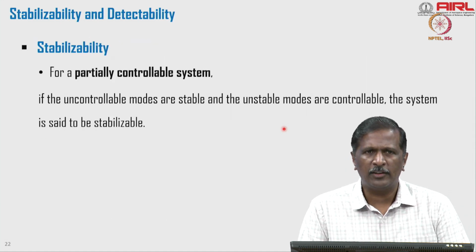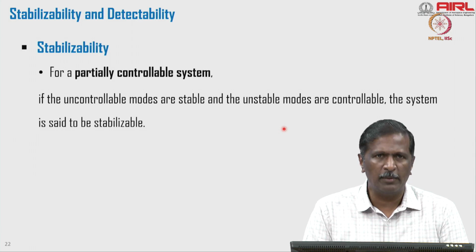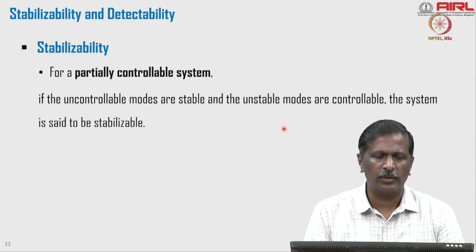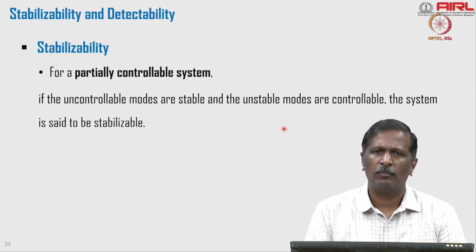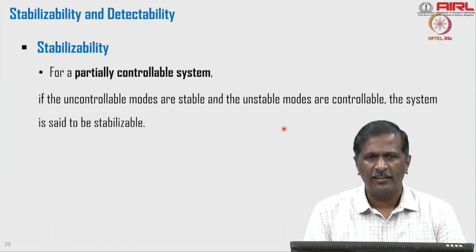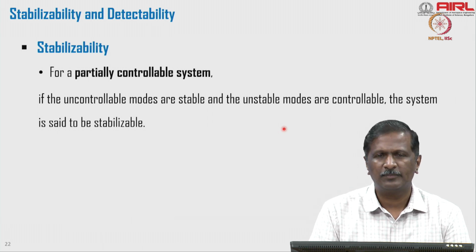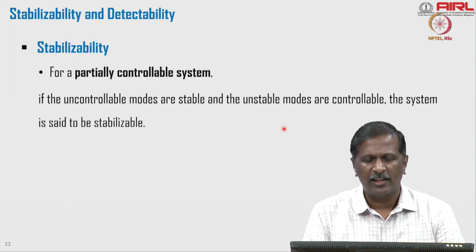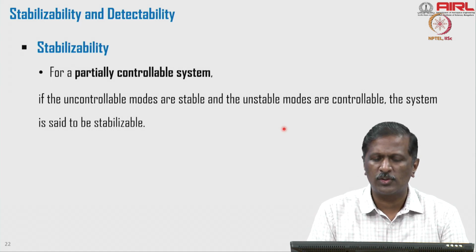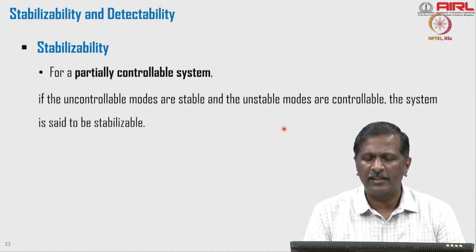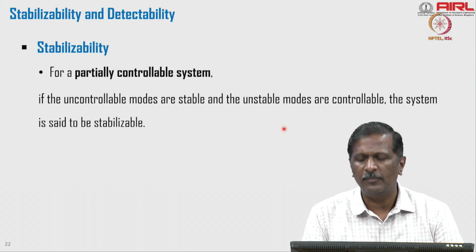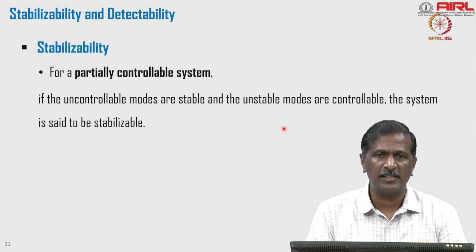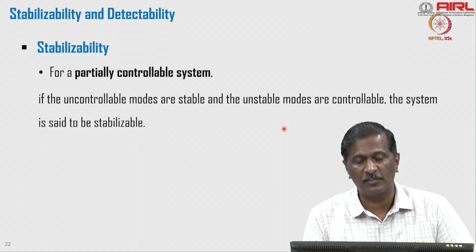Now there are two other concepts that are very important when we go into controller design using modern control theory. Stabilizability: for a partially controllable system, if uncontrollable modes are stable and the unstable modes are controllable, then the system is stabilizable. That's something we need to understand.